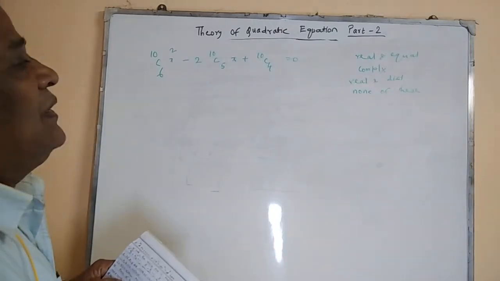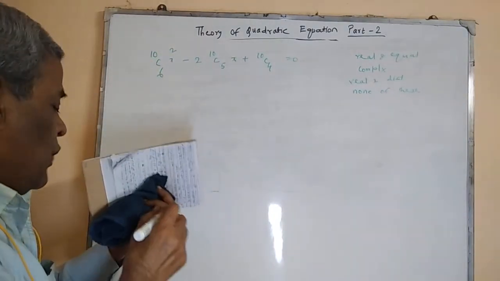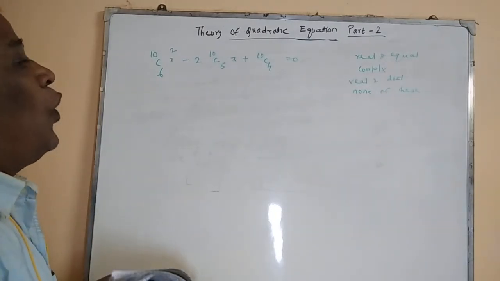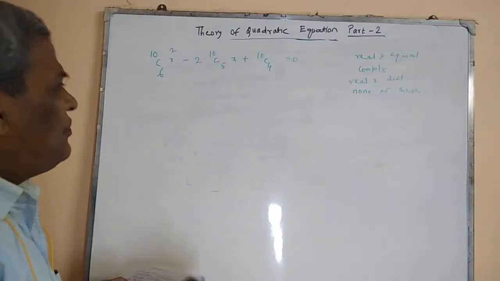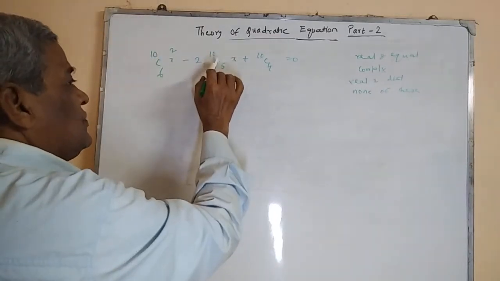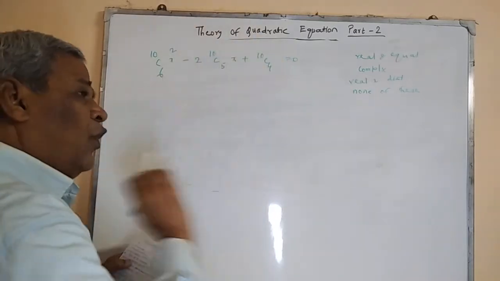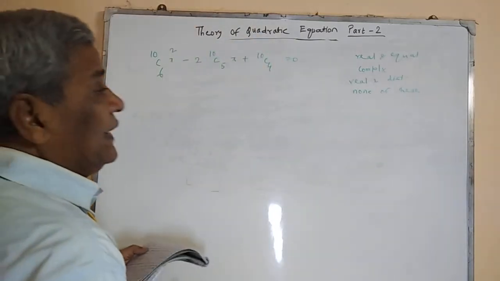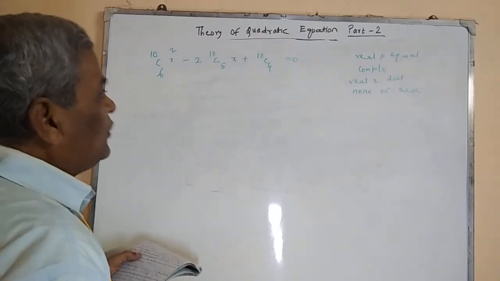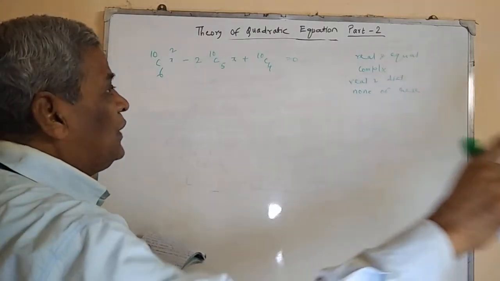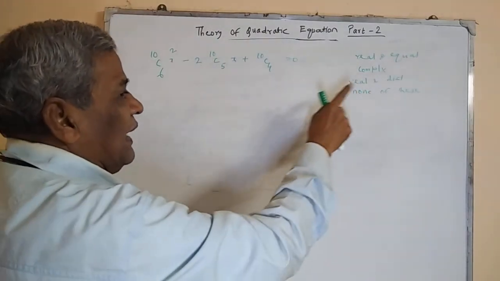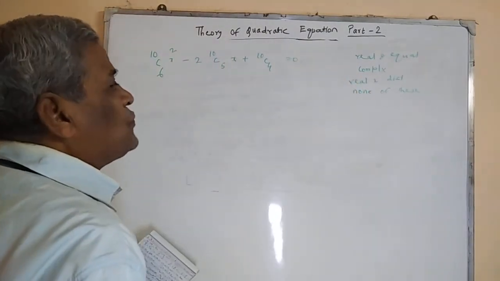So we see that this quadratic equation has coefficients that are all real, and in fact all integers. 10C6, 10C5, 10C4 are all integers. The roots will be real and equal if d is equal to 0, complex if d is negative, and real and distinct if d is positive.